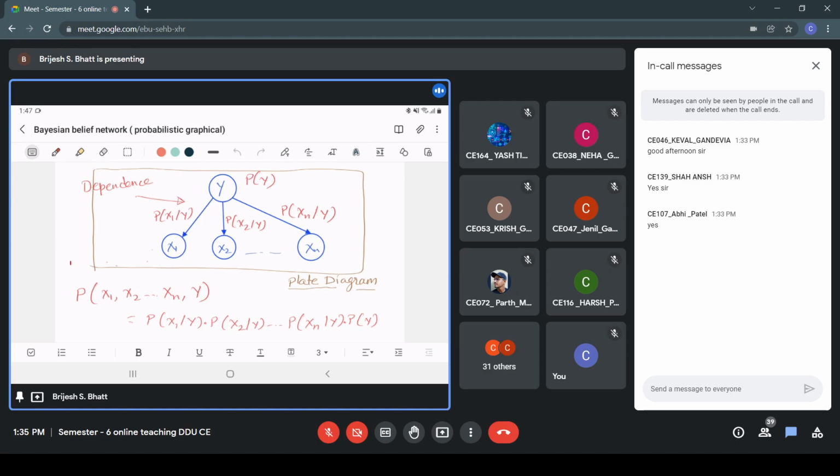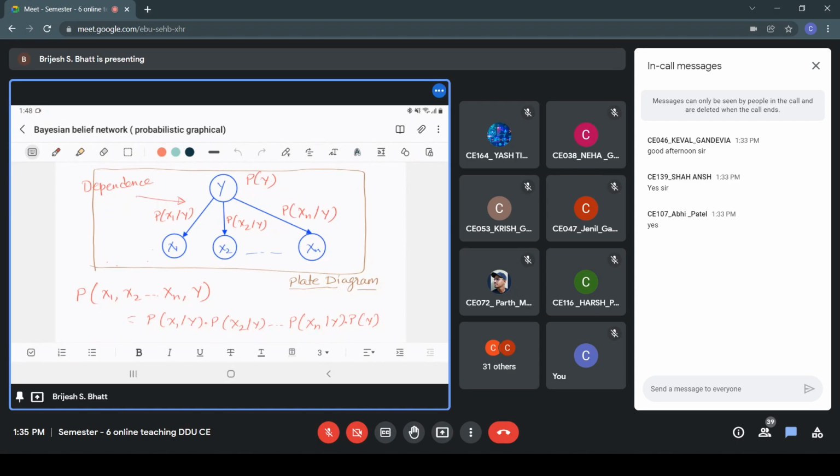In that case, we need to do something more. So we will talk about more general cases of this dependency graph, where a circle is a random variable and an arrow is a dependency. We can draw much more complex structures to capture the more complex dependencies between the variables. Right? So this is what we will talk about from now on.